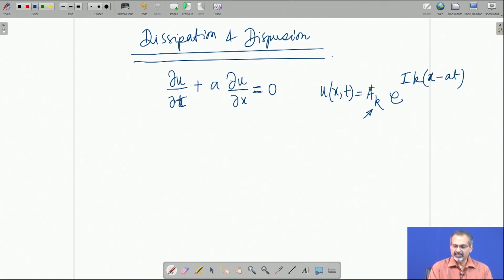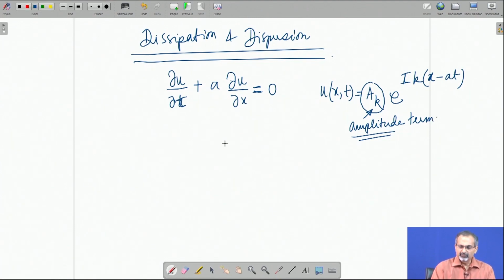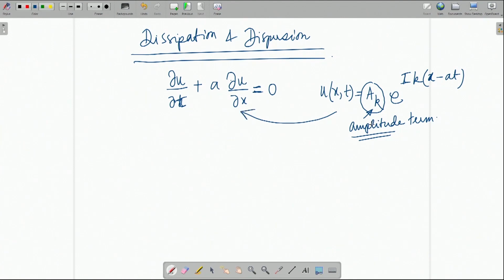In that case we had not included this amplitude term, but to give a more general flavor we would include an amplitude term as well over here. And then we know that if we substitute it into this governing equation, this would be a solution for the governing equation.